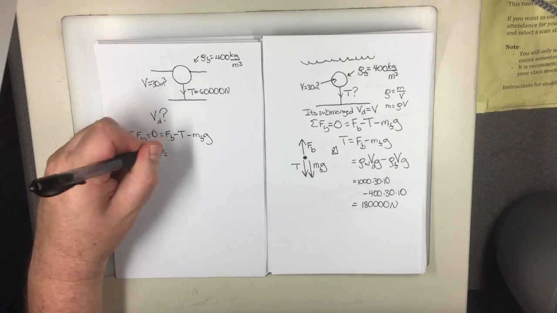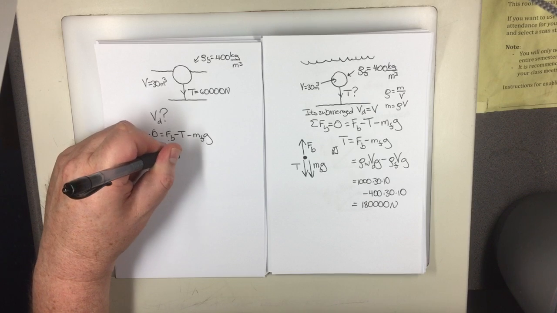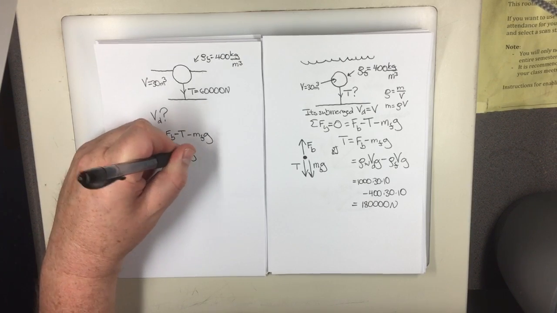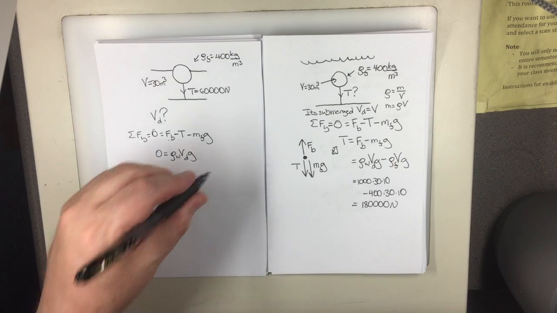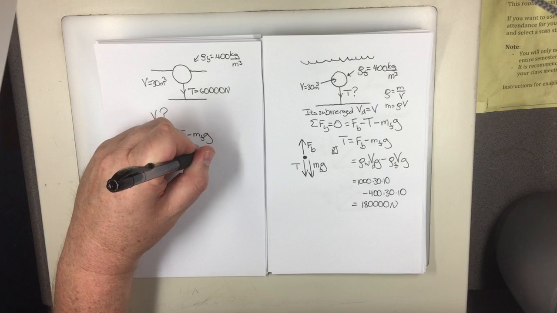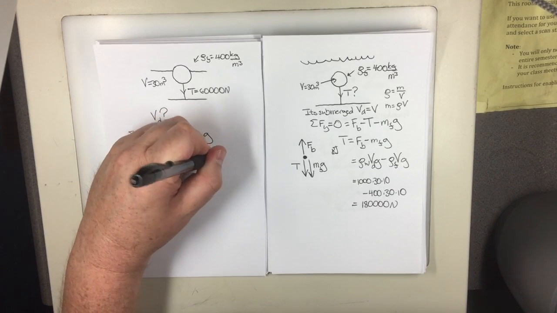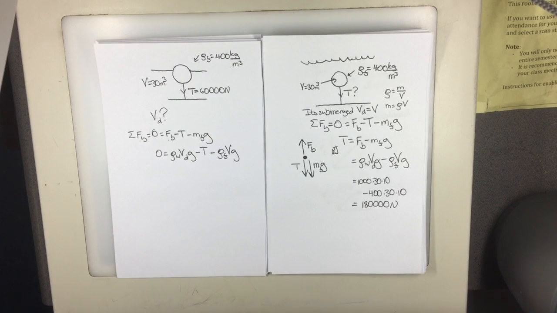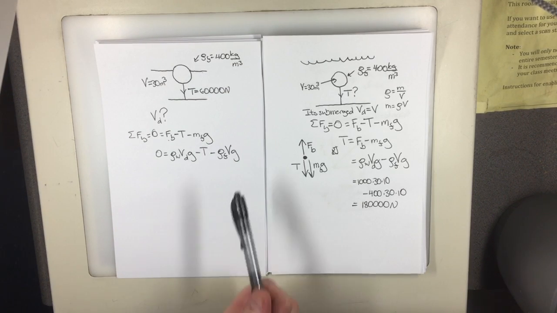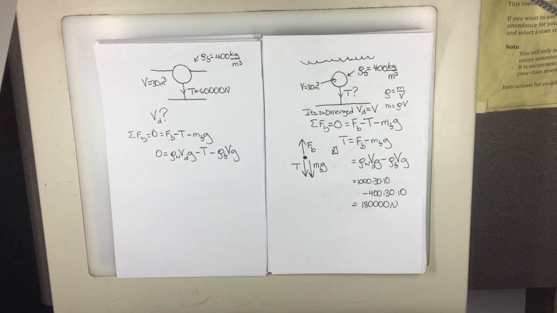Now FB is now density of water, volume displaced times gravity. Not the total volume, the volume displaced. Why isn't it total volume? Because it's not submerged. Minus T minus rho F V g. That one does have a V because we're thinking about the mass of the entire object.